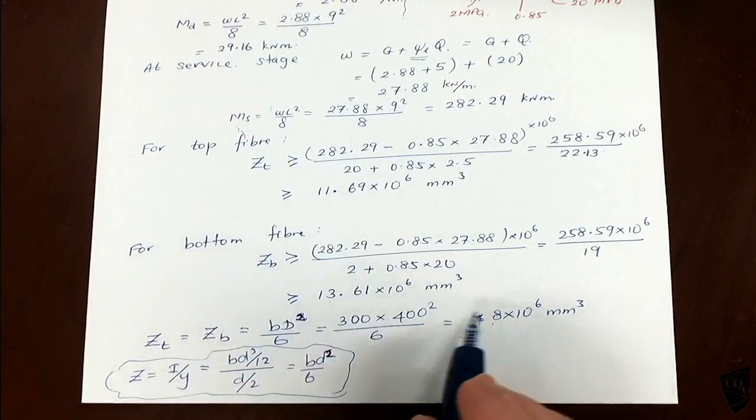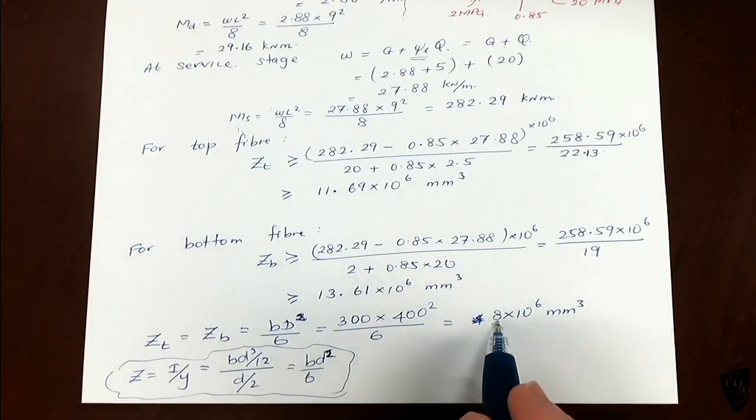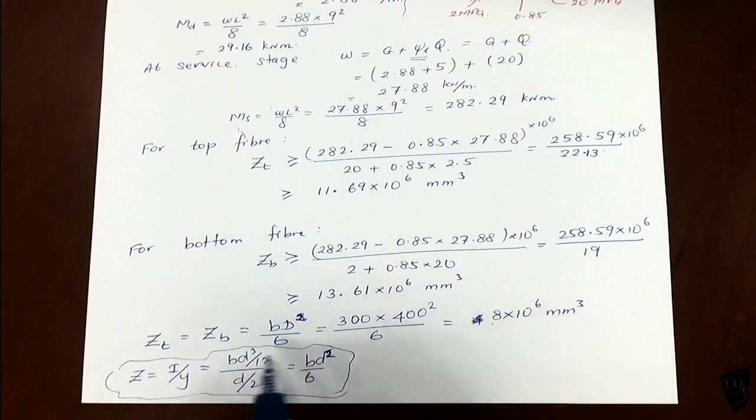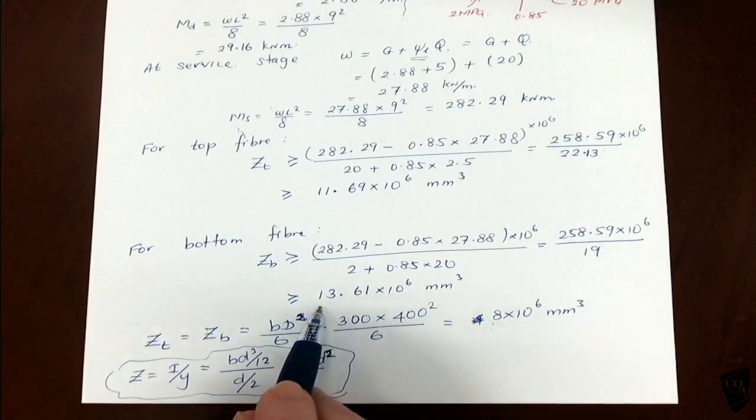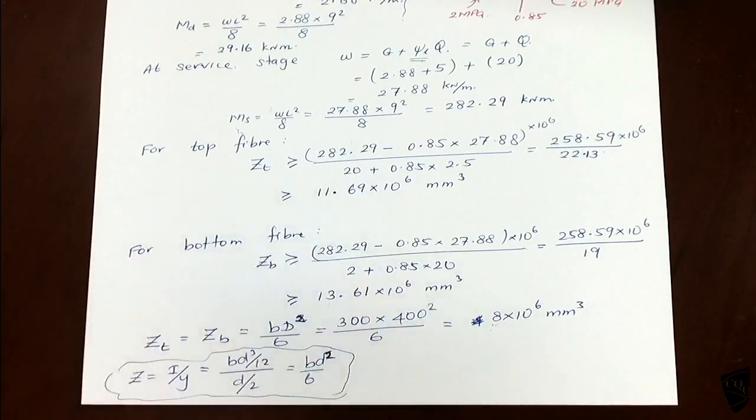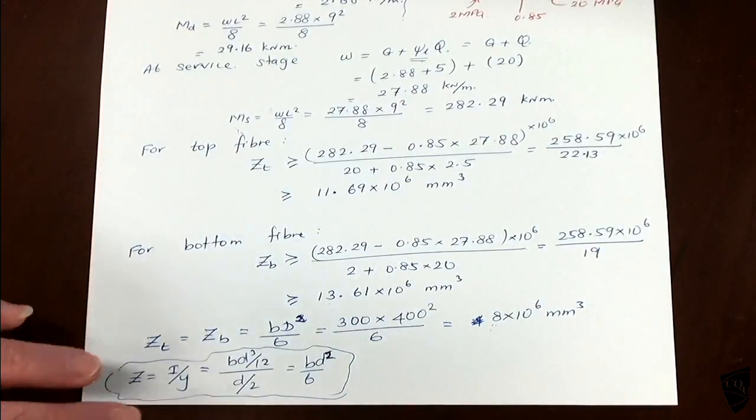Our rectangular section has only 8, top and bottom both the same. We have only 8, but we need this much and this much in top and bottom. So our section is not satisfied.